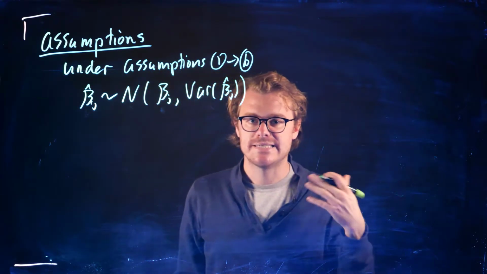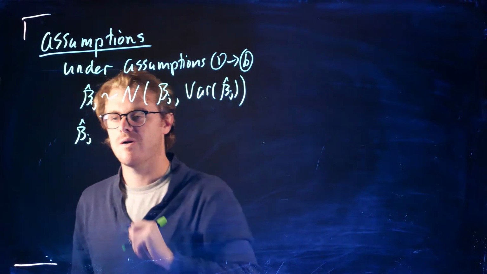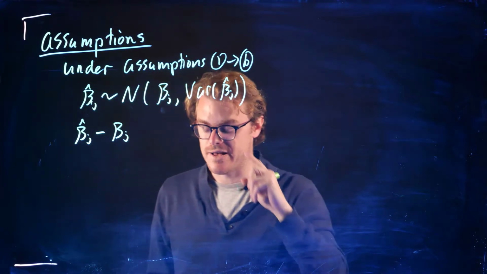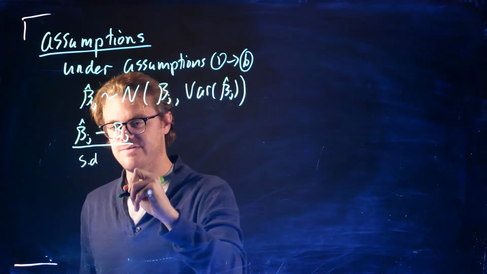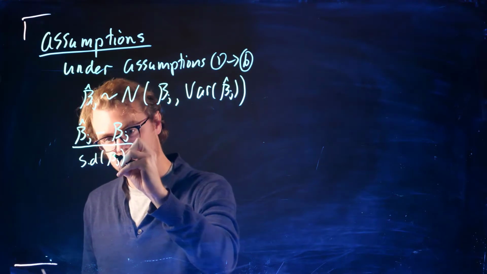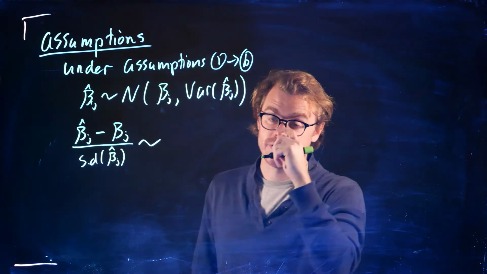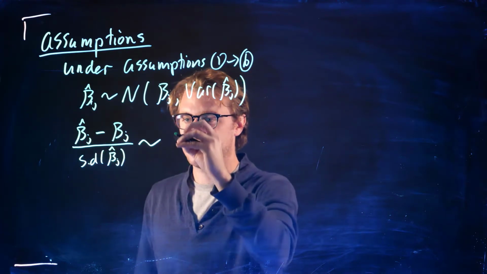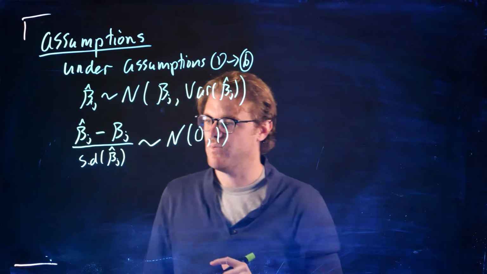So remember, we can standardize variables, and so if we took our beta hat j and subtracted the true value, and if we somehow knew the standard deviation of our beta hat j, then this standardization of beta hat j will have a normal distribution with a mean of 0 and a variance of 1.